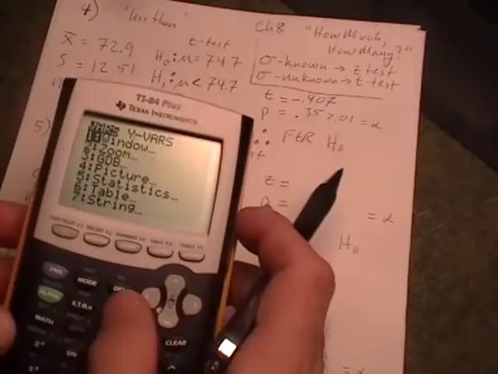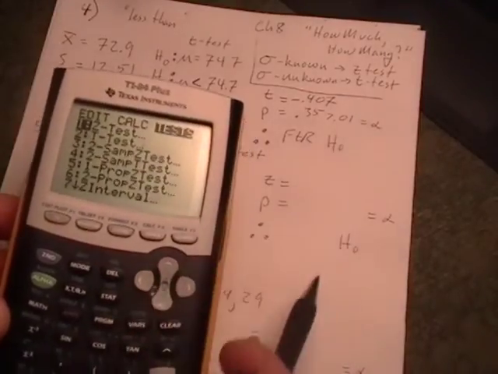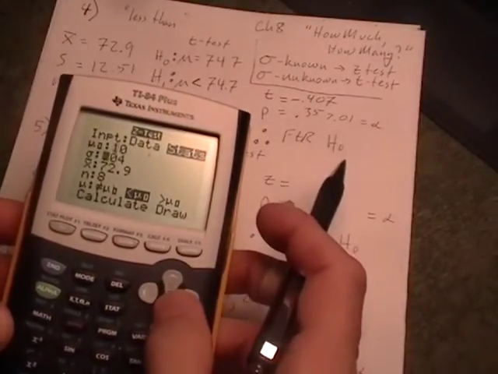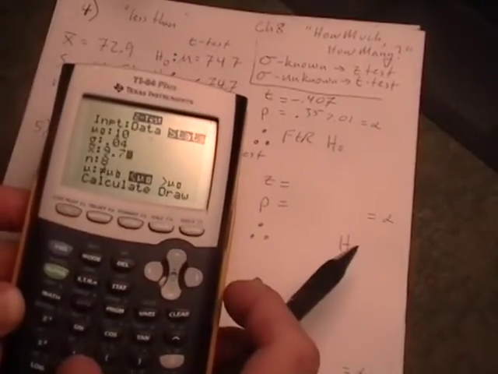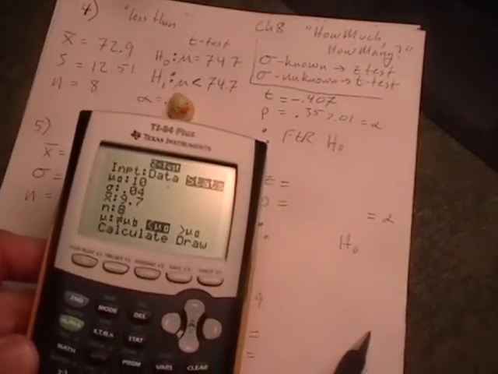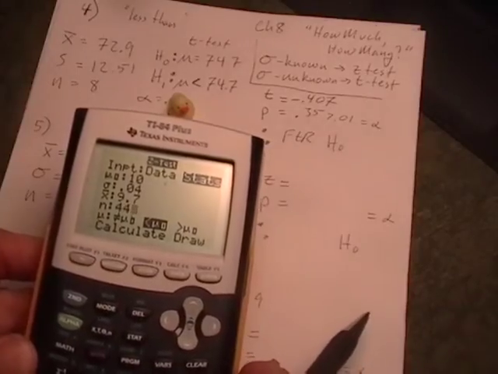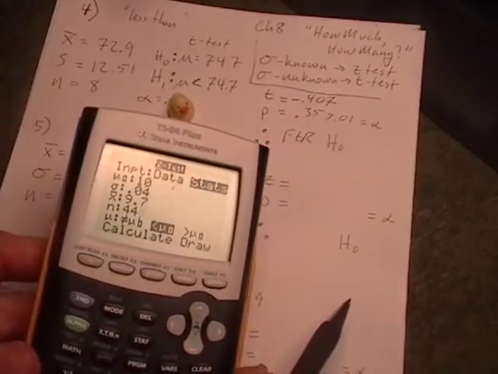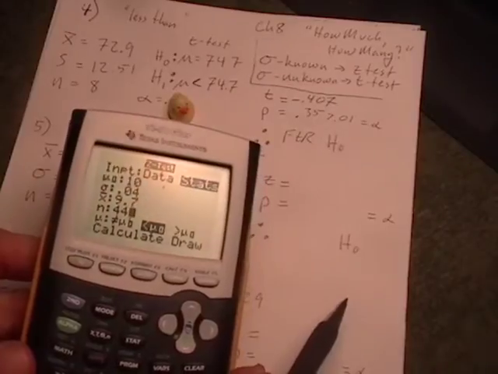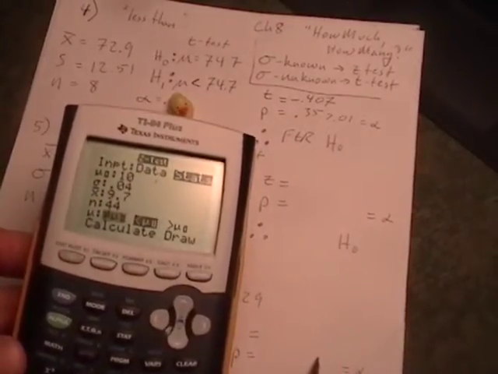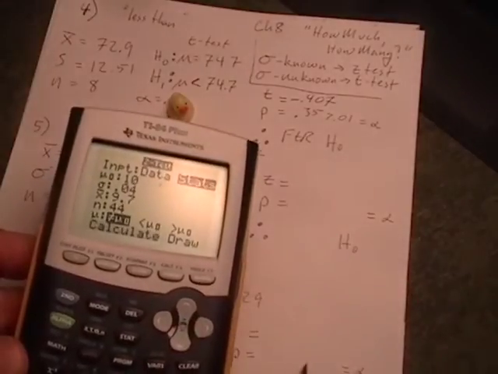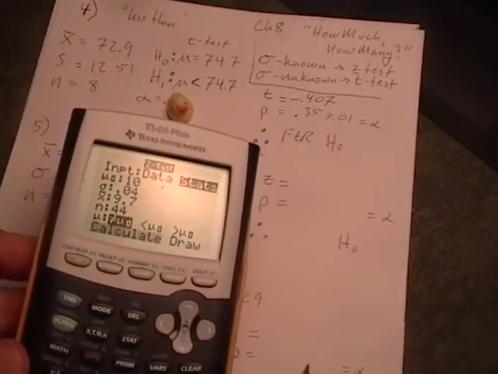X bar was 9.7. N was 44. So I have a smaller standard deviation and a much larger sample size. The inequality is going to be not equal to, and I can calculate.